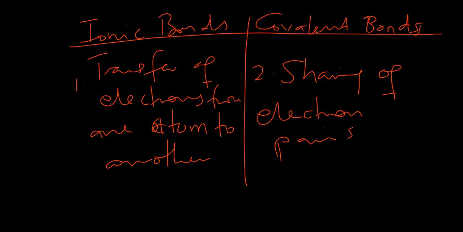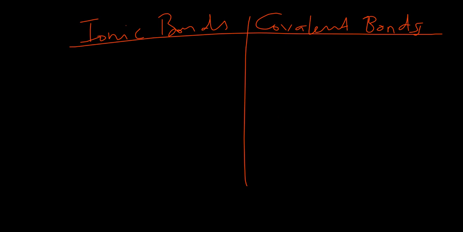Let's look at the second difference between the two. And I remember we touched on this whilst we were looking at how these bonds were formed. And that has to do with the nature of the atoms involved. Remember, we said that in ionic bond formation, usually the transfer of electrons is from metals, and those electrons are received by non-metals.